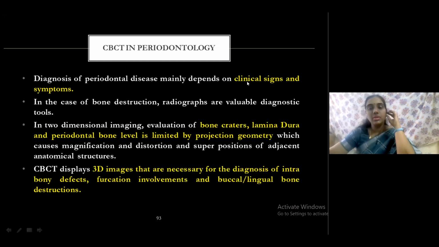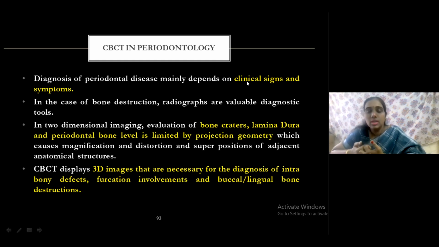Now, coming to the applications of CBCT in periodontics. The main concern in periodontics is bone loss. Assessing bone loss clinically is the gold standard. But CBCT has shown vast implications in periodontics to check for buccolingual bone defects, furcation involvements, and bone destruction.